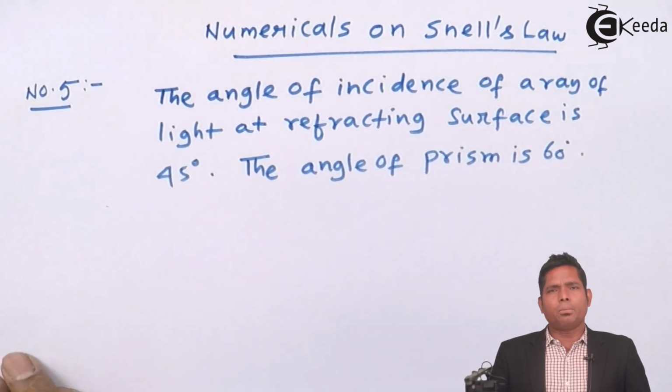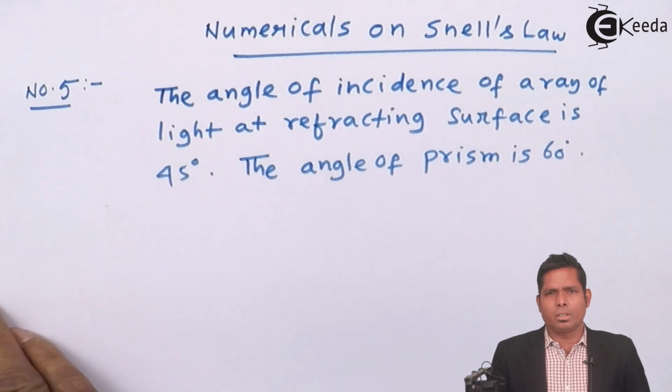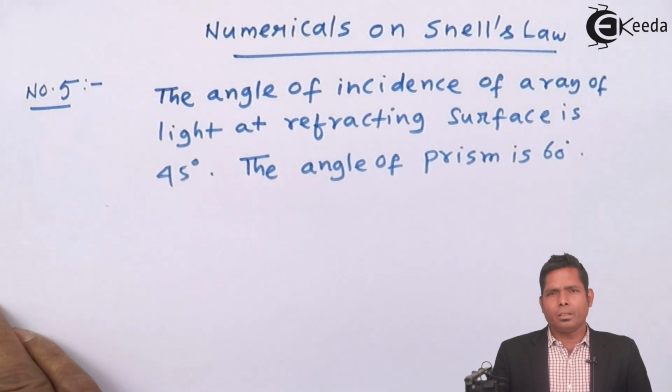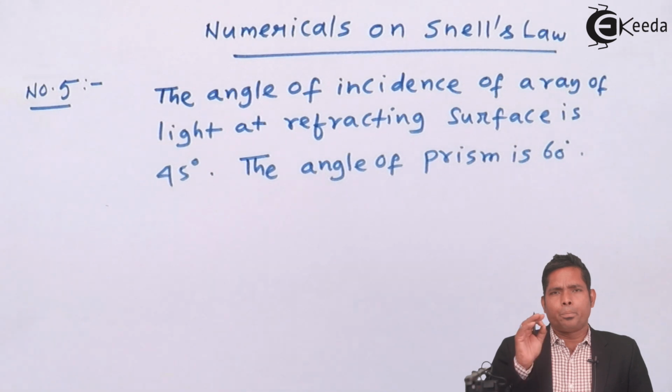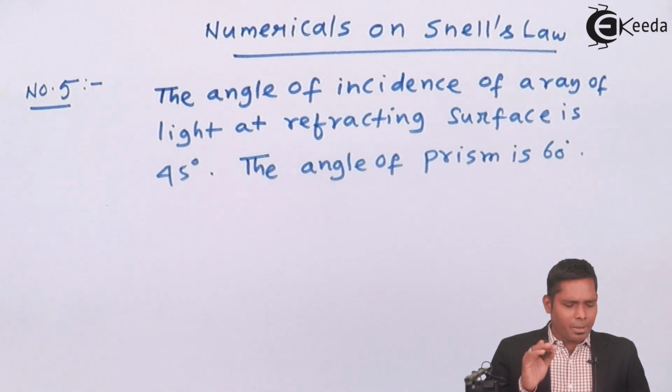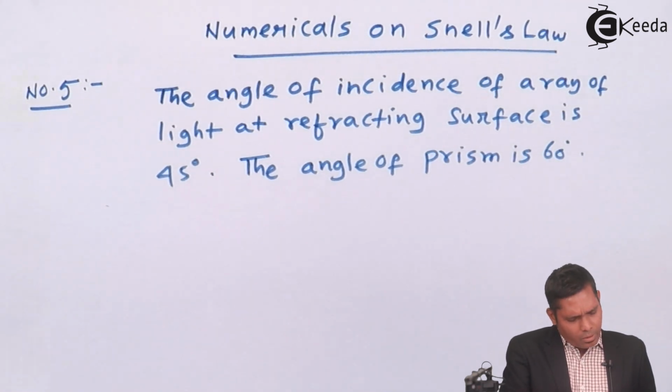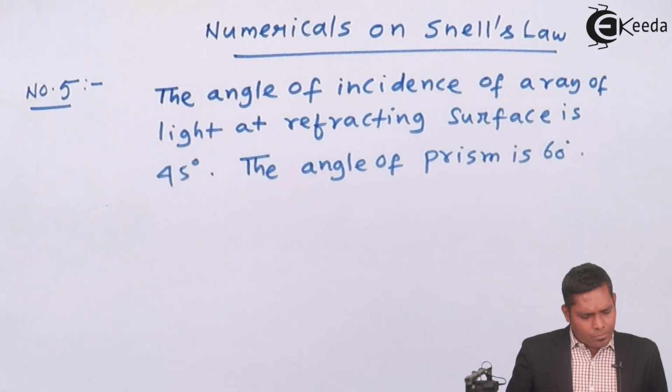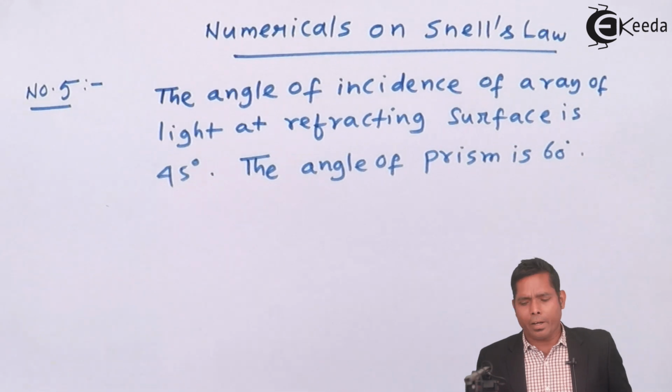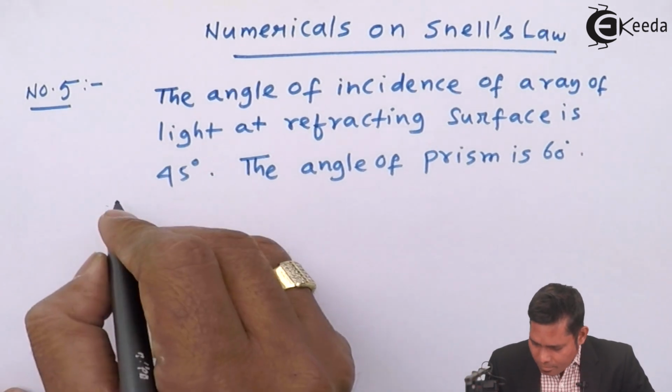Next it says if the ray undergoes minimum deviation, then we have to find the refractive index of the prism material.